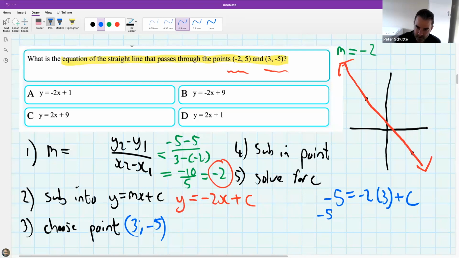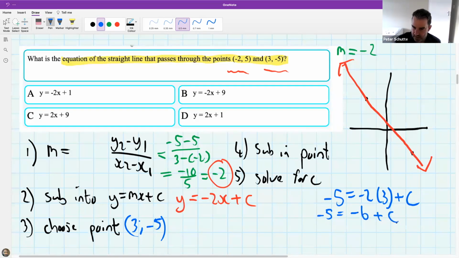So I've got -5 equals -6 plus c. And then I think I have to take away 6 from both sides, which means I get -11 is, oh, have I made a mistake? Let's have a look. -2 times 3. Oh, I have made a mistake. Look at that. Even math teachers make mistakes.